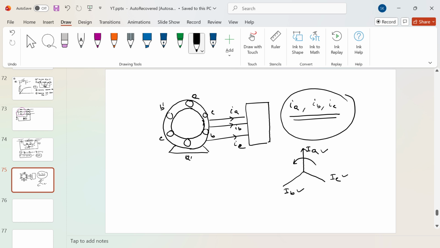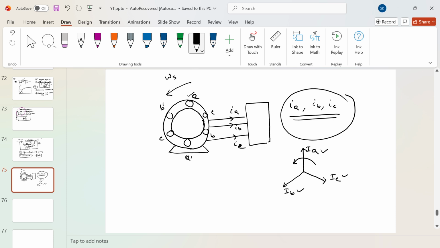If this negative sequence component of current is flowing through the windings A phase, B phase, and C phase, that will produce a rotating magnetic field that will rotate in the opposite direction with speed omega s.